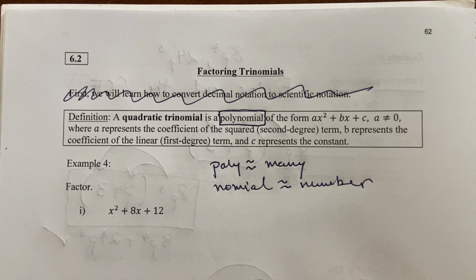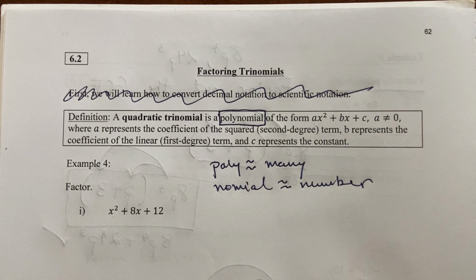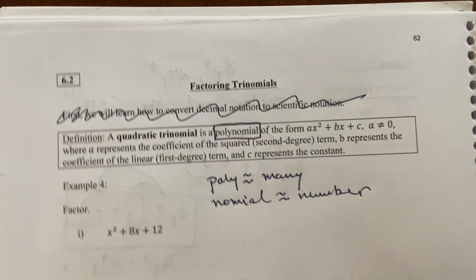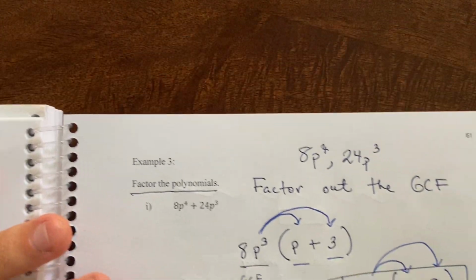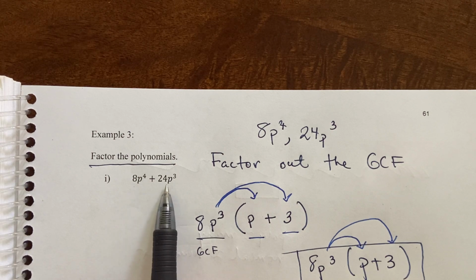So that language, trinomial, that prefix, right, like tricycle, means that we have 3 nomials, trinomial, right? In other words, 3 numbers. We've also seen binomials actually. I didn't use that language, but this is a binomial, right? 2 numbers, that prefix bi.